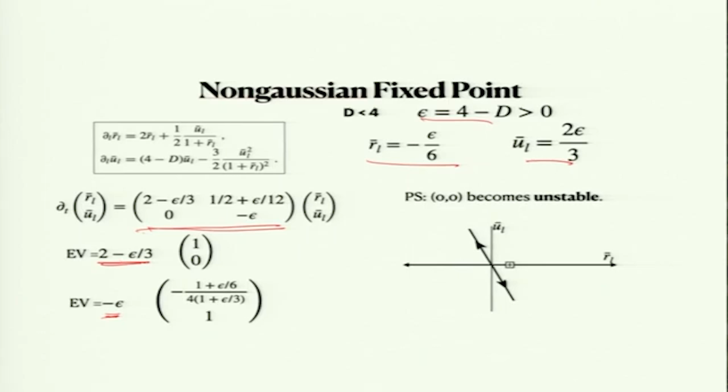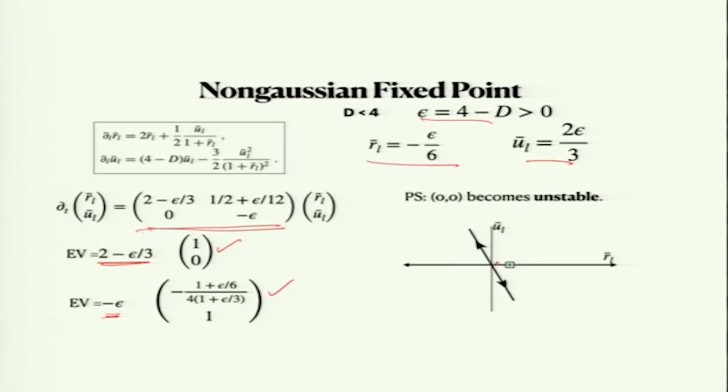Epsilon is 4 minus d and d is near 4. So, epsilon is small, like the standard epsilon being small. So, my eigenvalue is close to 2. And my eigenvectors are these. I made a sketch only, I did not do it, but I would recommend that some of you can do this in Python or Mathematica.